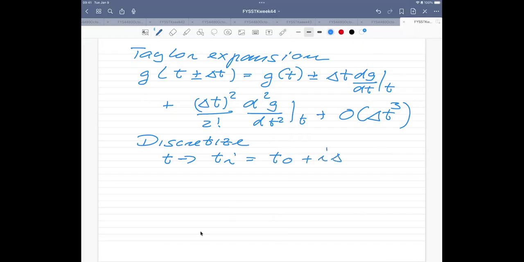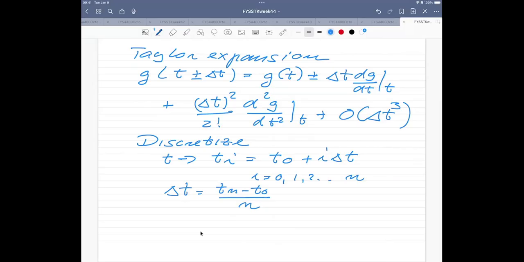We have i multiplied with delta t, and i goes from 0, 1, 2, up to n, which means again that delta t is actually given by tn minus t0 divided by the number of discretized points, which are often called mesh points or integration points.